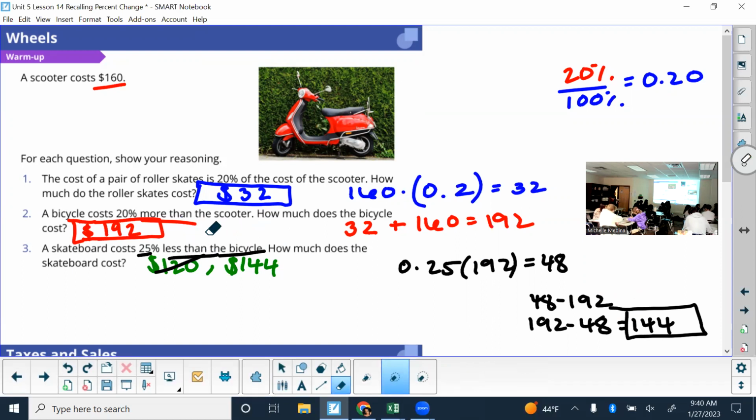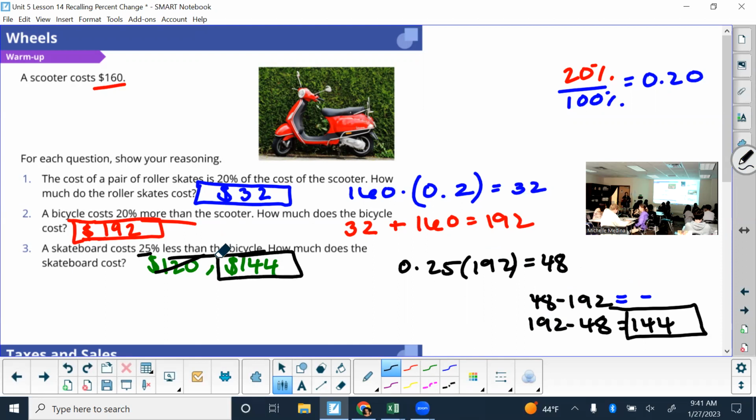But whenever you see less than, make sure that you're subtracting that from the other cost instead of just left to right. Because when you do 48 minus 192, what's wrong with that answer? It's negative, and that wouldn't make sense. A skateboard wouldn't cost negative dollars. Correct. But yeah, also reading it closely.